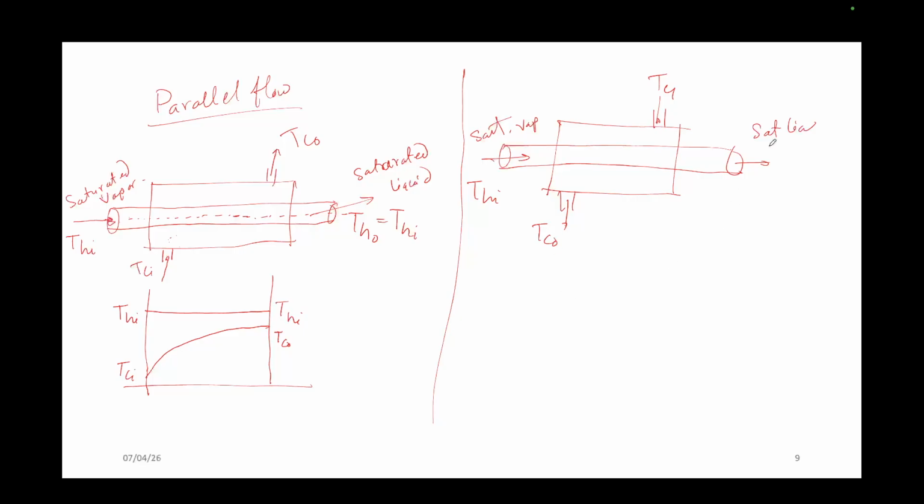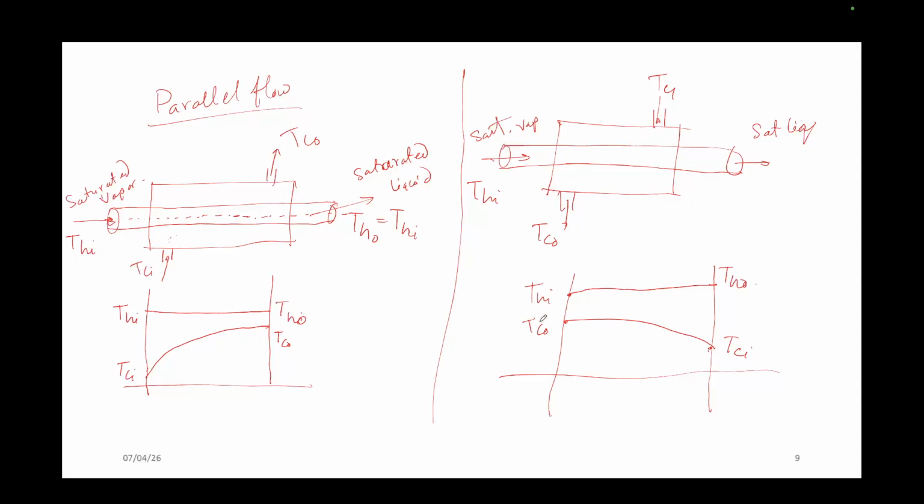If I draw the plot here, initially THI would be equal to THO. The inlet temperature will come here, right? But this temperature can be more than this one.